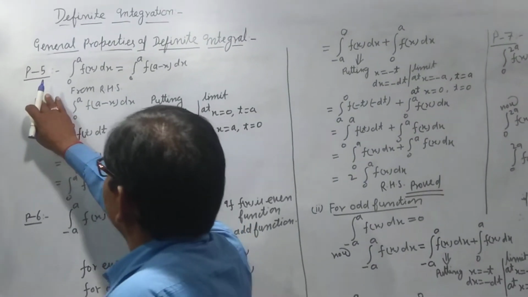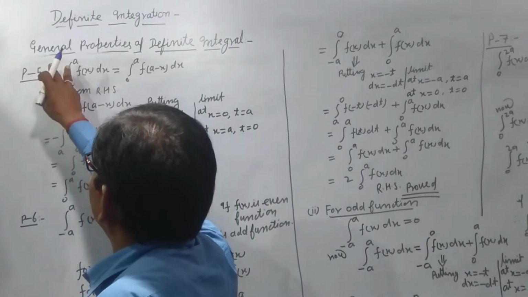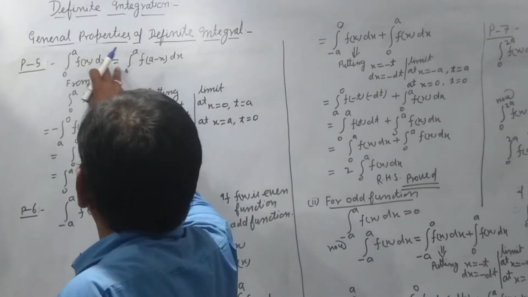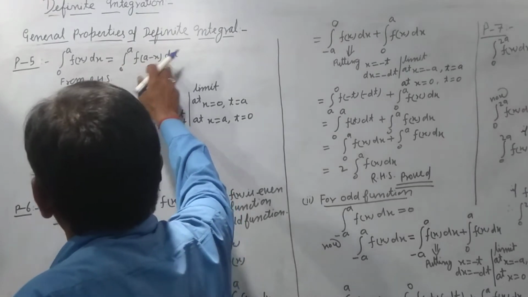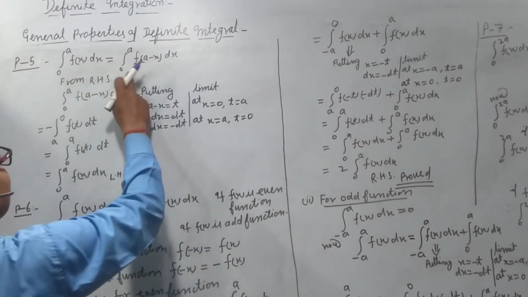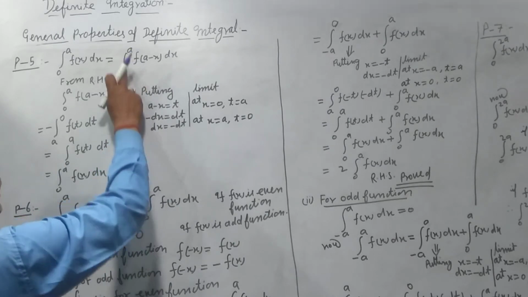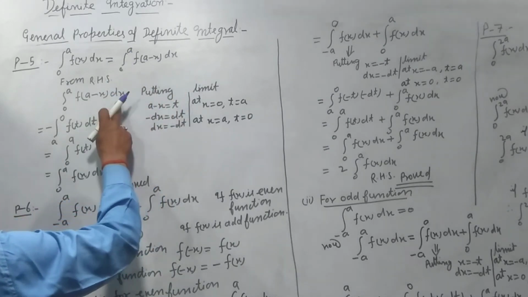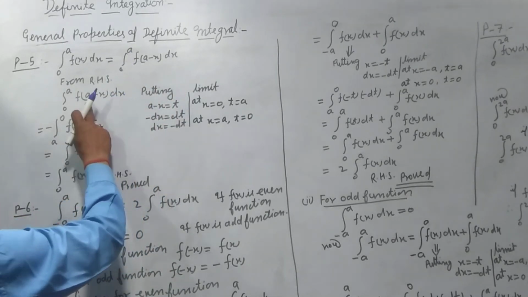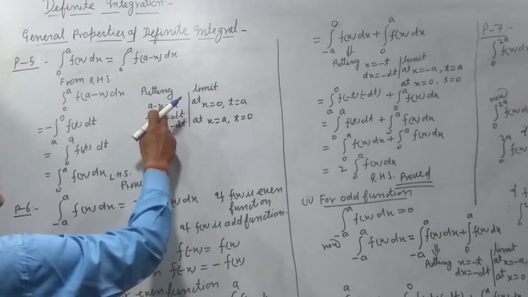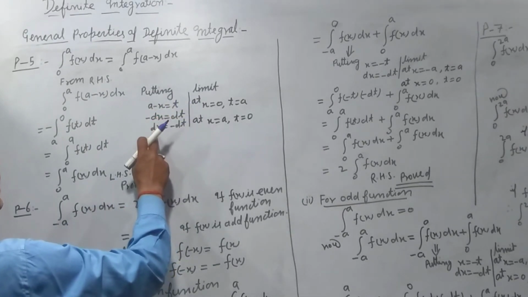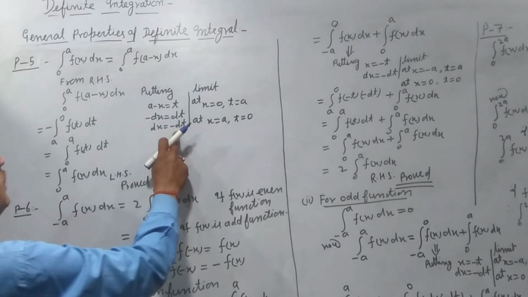Property 5: the integral from 0 to a of f(x) dx is equal to the integral from 0 to a of f(a minus x) dx. From the right hand side, we take the integral from 0 to a of f(a minus x) dx. Putting a minus x equal to t, so that minus dx equals dt and dx equals minus dt.